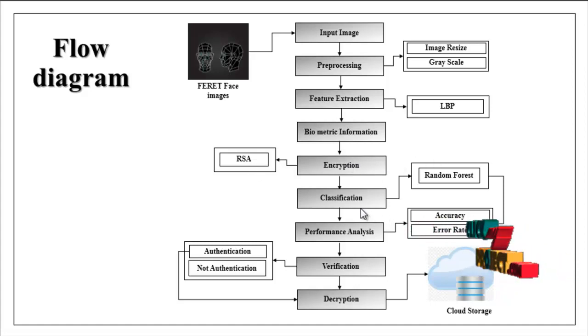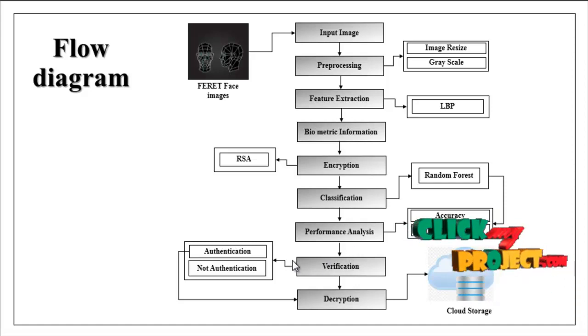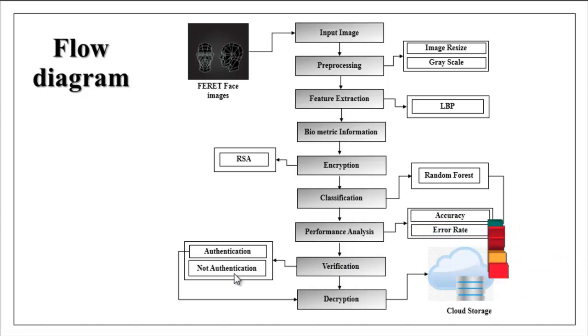Then classification. Here we implement the random forest algorithm. With the help of this algorithm we can analyze performance metrics such as accuracy and error rate. Then we can classify whether the person is authenticated or unauthenticated.